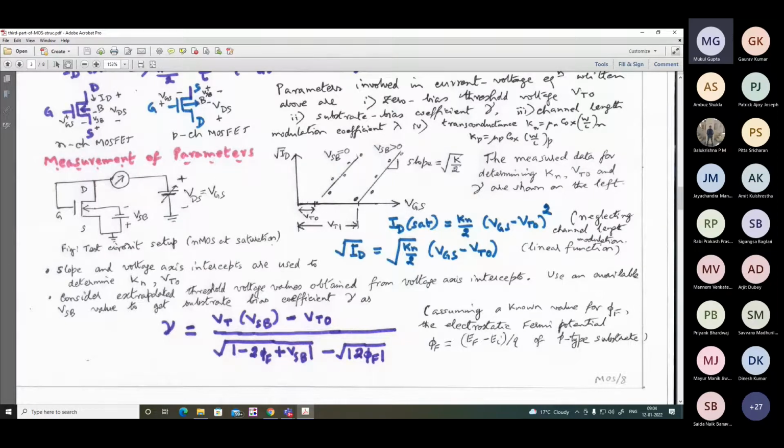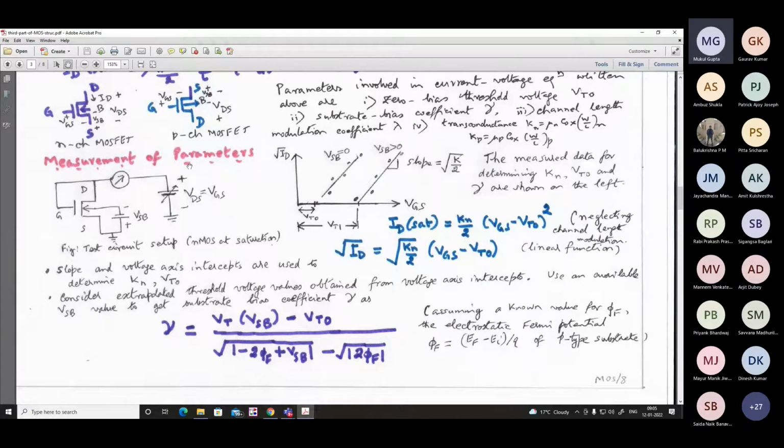I'm sorry, I was just having in mind multiple connections, like you said, a cascode connection. When we are considering those connections, then the source cannot be grounded. But what is the objective of this measurement? The objective is to measure certain salient parameters like VT0, then gamma, then the transconductance mu n into COX, then later on lambda.